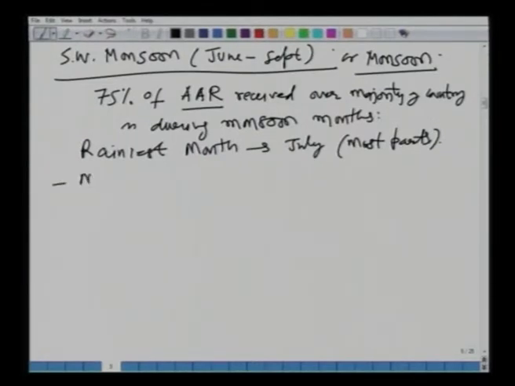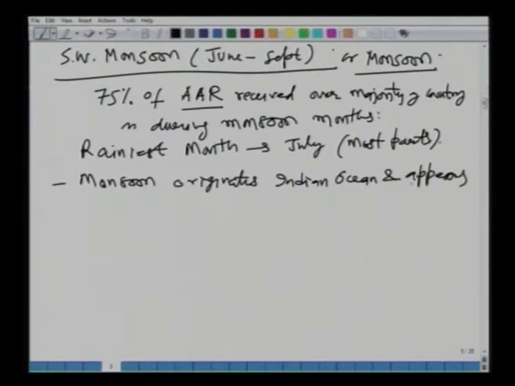The monsoon originates, where does it originate? In the Indian Ocean, as you know. And where does it appear first?